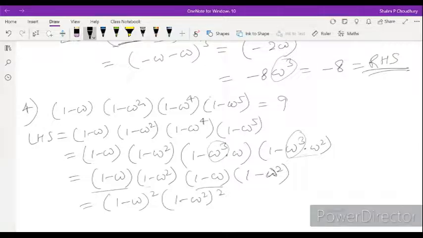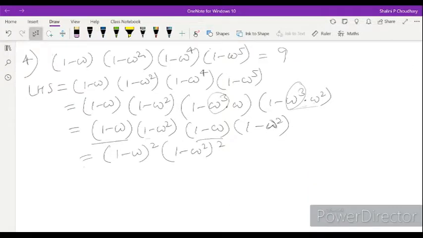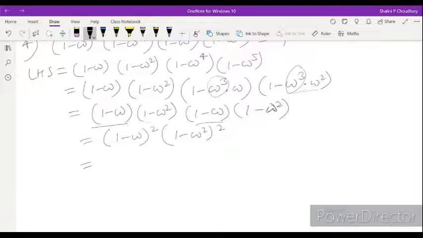Okay, so now we'll find out the value. How we'll find out the value? See, we can take [(1 minus omega)(1 minus omega square)] whole square.